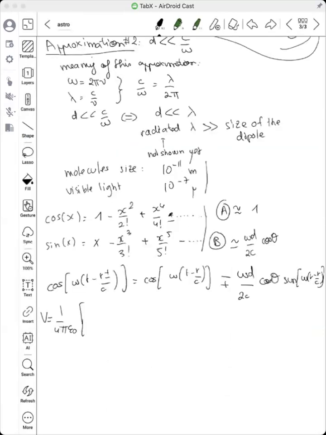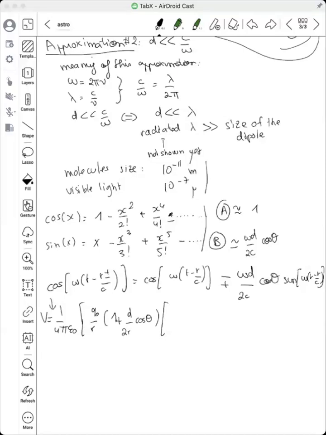Okay, come back. So the potential is Q0 over R, 1 plus d over 2r cosinus theta. This I had already. And now I'm putting this in the potential.